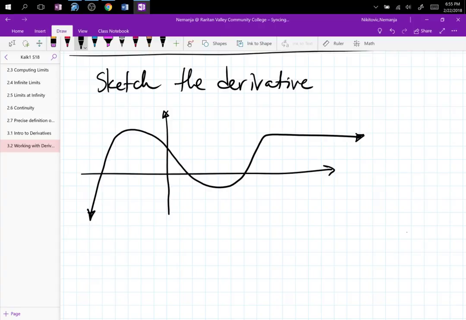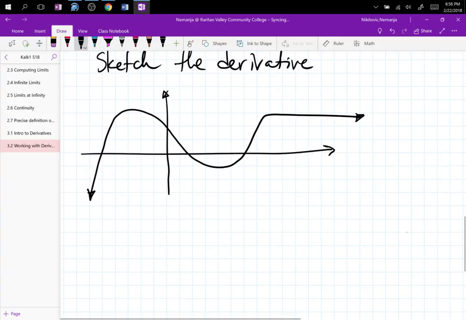All right. Let's all agree immediately that at the maximum point you have a horizontal tangent line whose slope is 0.